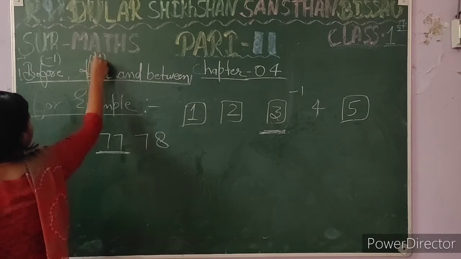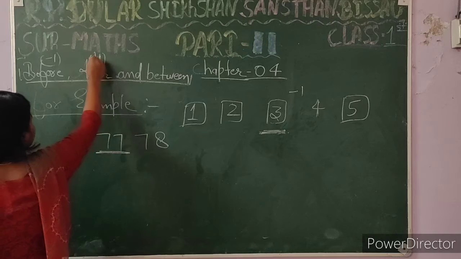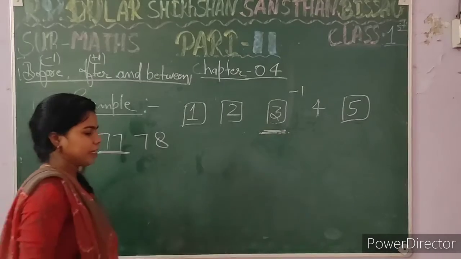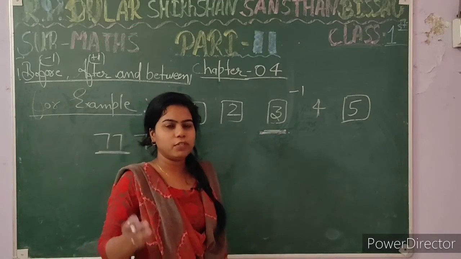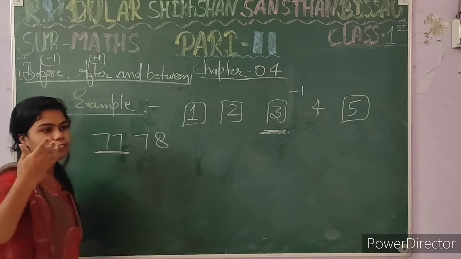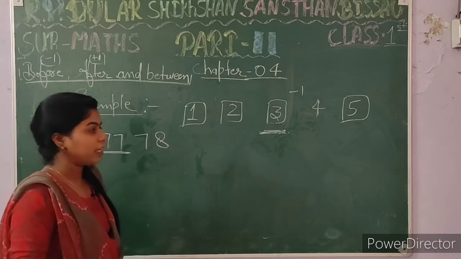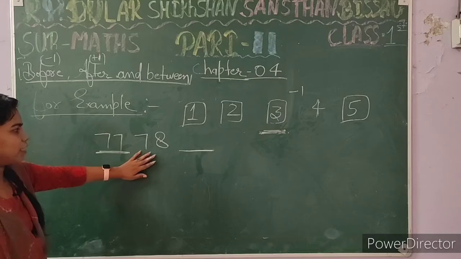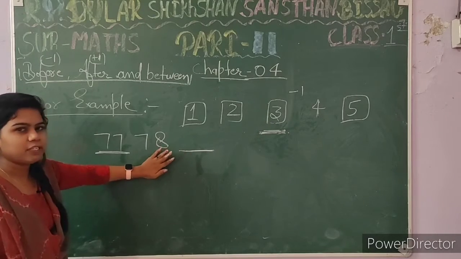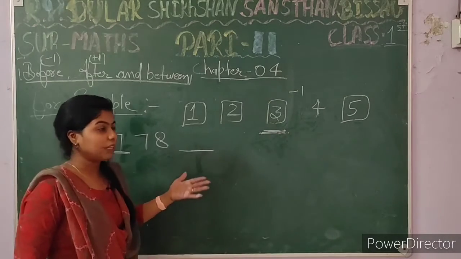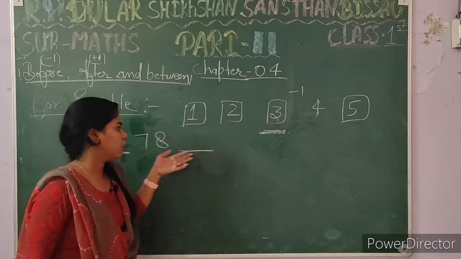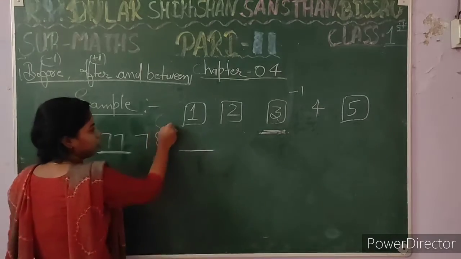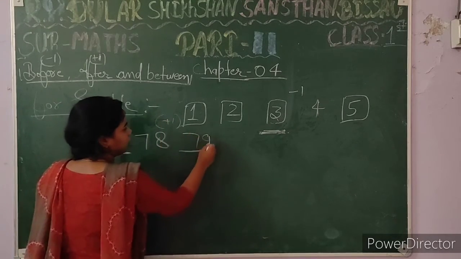If the question is which number comes after 78, then we use +1, and the answer is 79.